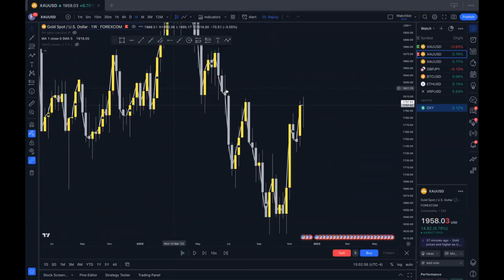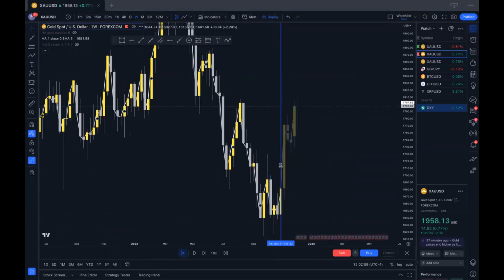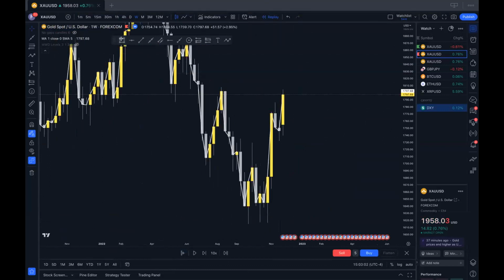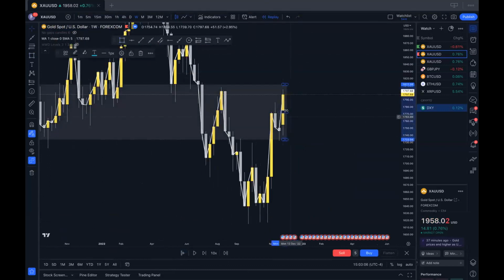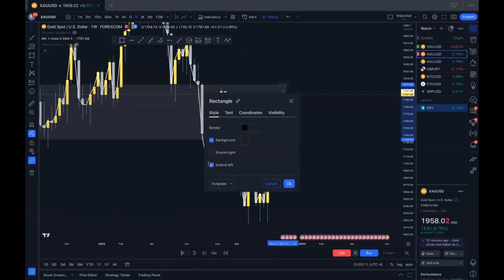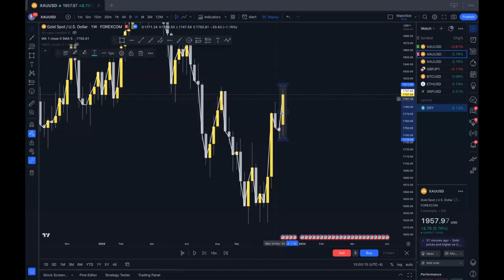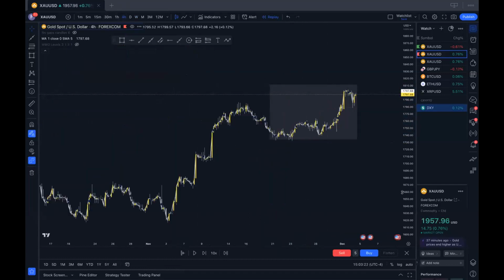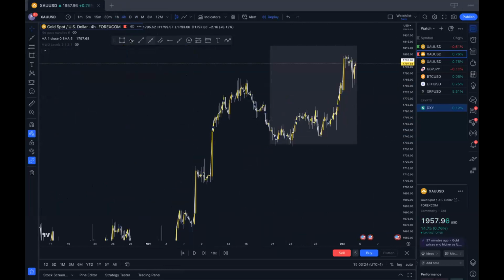So we'll go to this bullish candle, and we will draw it out. Go to H4. What can we see? All right, the open.